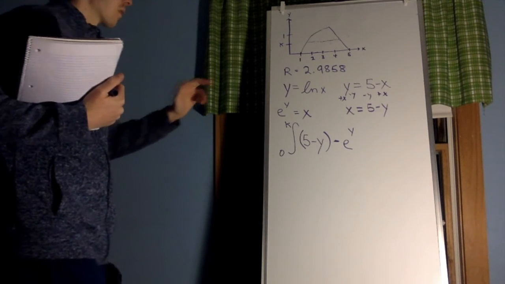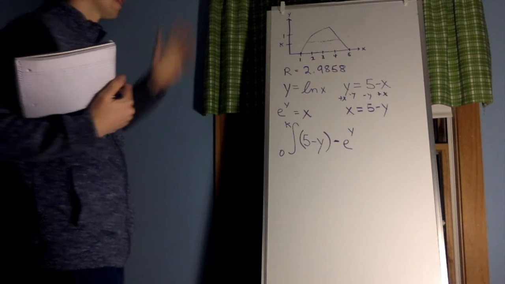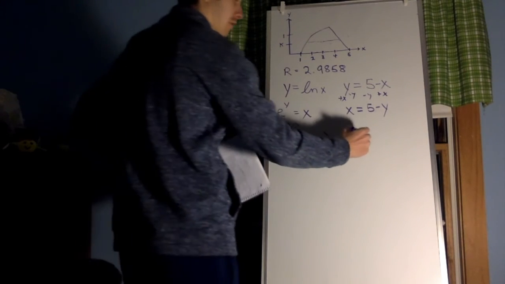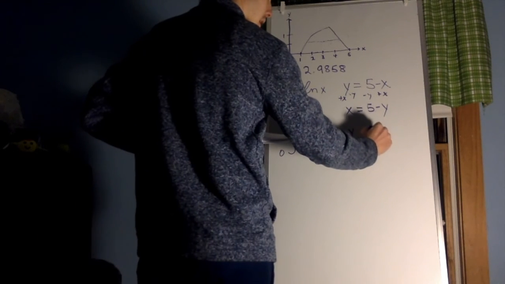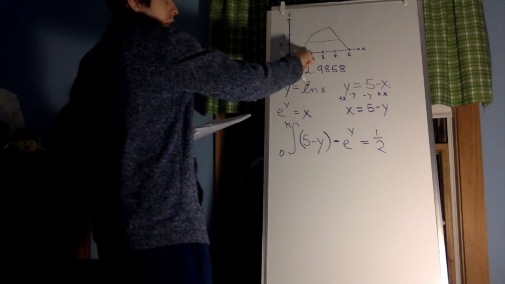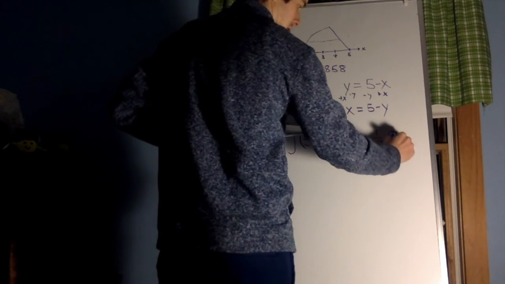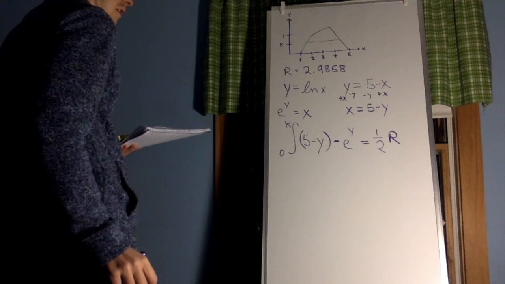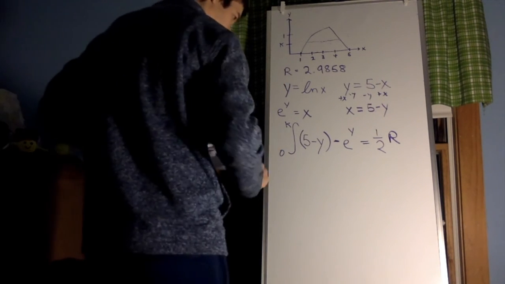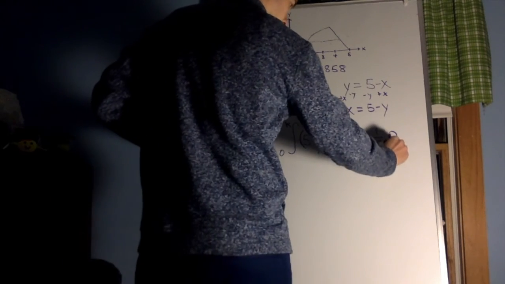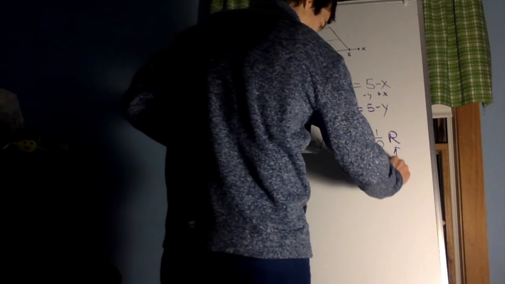But now we're saying 0 to some k value is going to give me half of the total area. So 1/2 of this region in here, but I actually know that area already. So we're going to replace that area with the actual area.